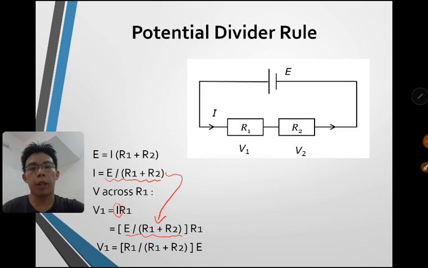So at the end I have rearranged it so that the R1 is now moved inside here, and the E has been moved outside. It won't change the equation, I just move them around.